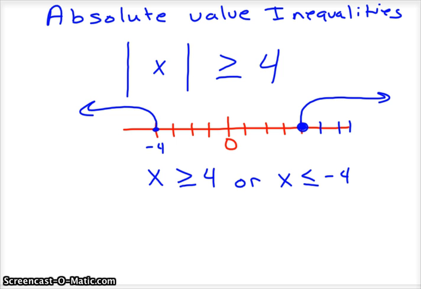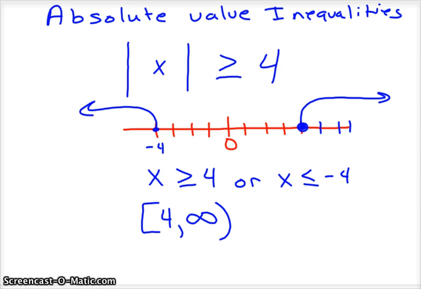But interval notation is essentially this. We're dealing with x is greater than or equal to 4. So we would include 4 in that, and it would be all the numbers from 4 to infinity. But we can't include infinity because there's always another number after that.